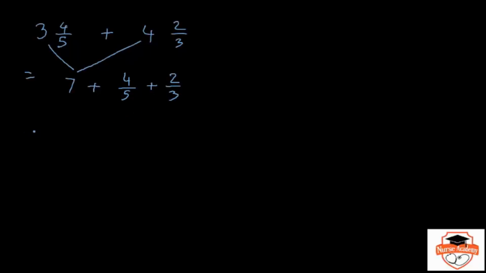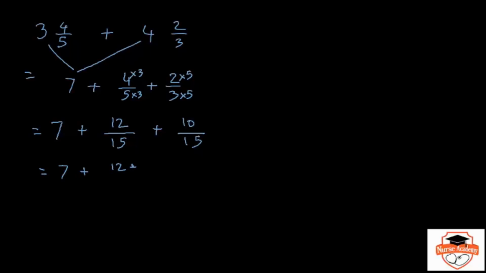Therefore, this is going to be 7 wholes plus something over 15 plus something over 15. 5 times 3 is going to give you 15. Therefore, you want to multiply 4 with 3 to get a 12 over 15. 3 times 5 is 15. Multiply 2 with 5, you get a 10 over 15. And therefore, this is 7 wholes and 12 plus 10 over 15. So this is 7 wholes and 22 over 15.